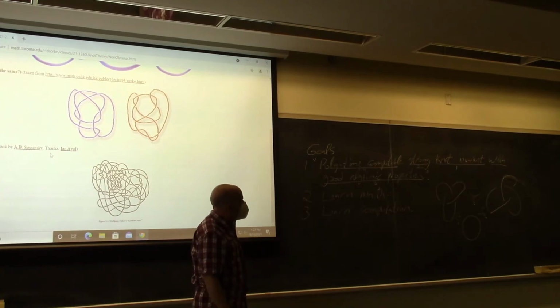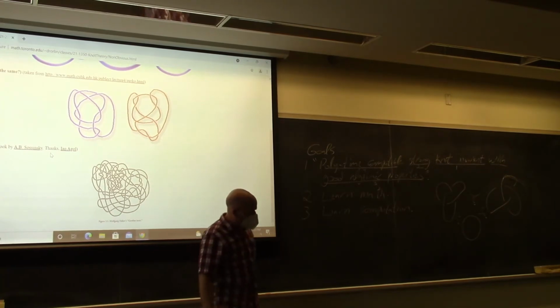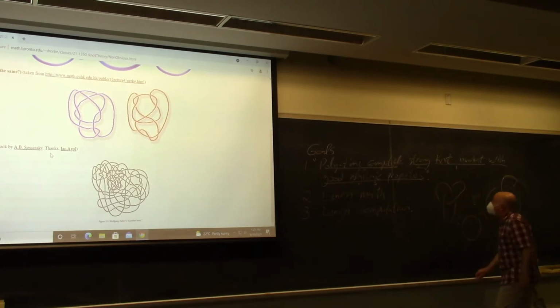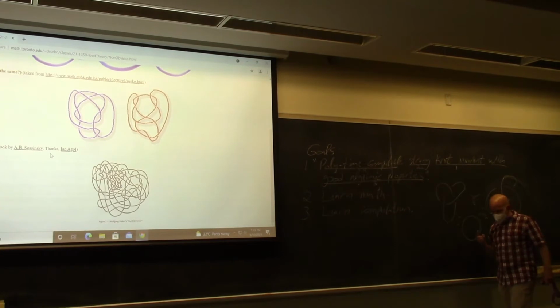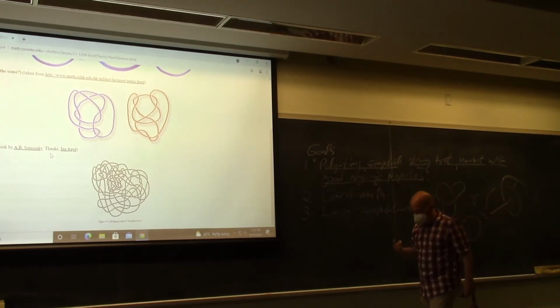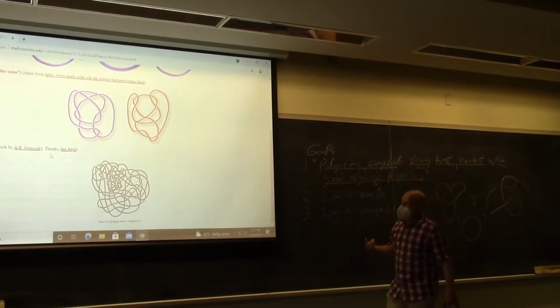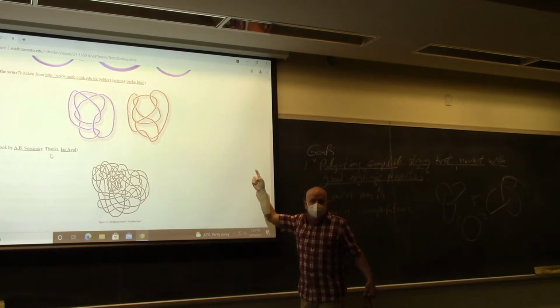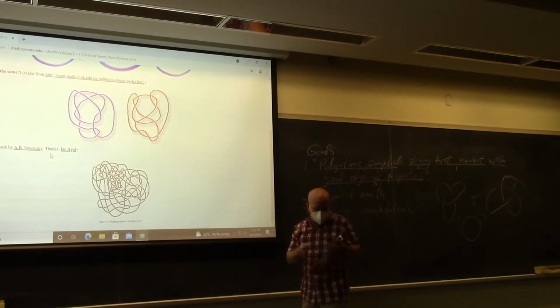So, maybe one more word about knots before switching to talk about knot invariants, is that the interest in knots does not end with showing that they are equal or that they're different. In fact, these are not just curious objects.